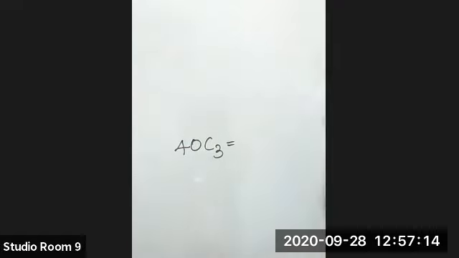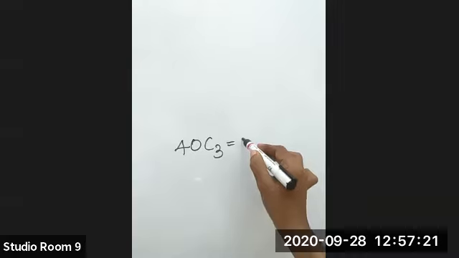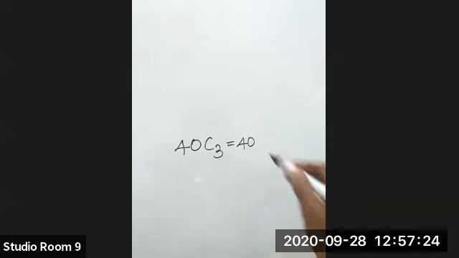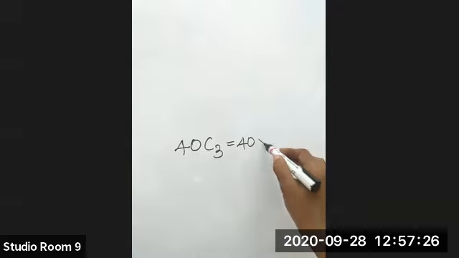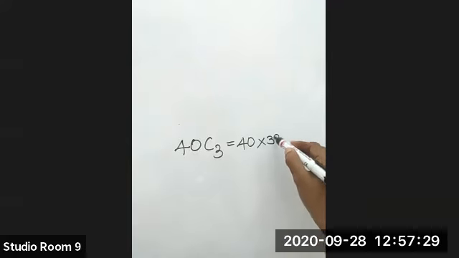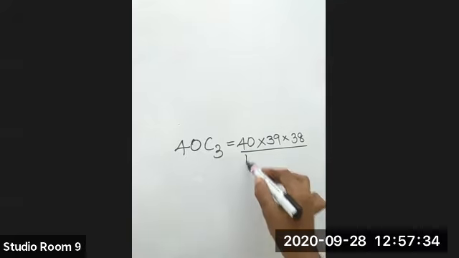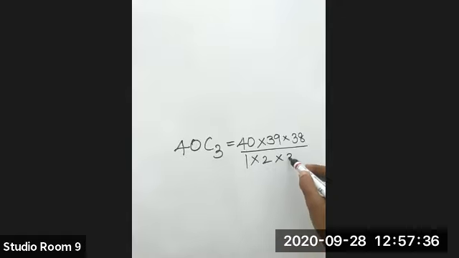By applying this method, what will be 40C3? 40 onwards, 3 numbers, isn't it? 40 into 39 into 38 by, here it is 3, so 1 into 2 into 3. This one you can cut short, simplify, and give the answer. Is it okay? Is it clear, children?